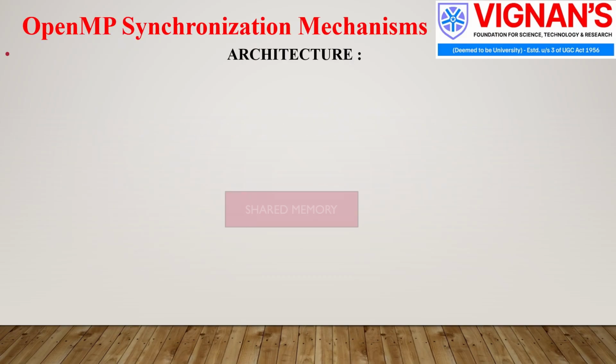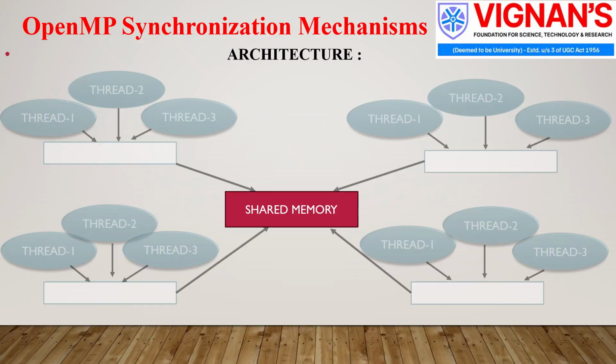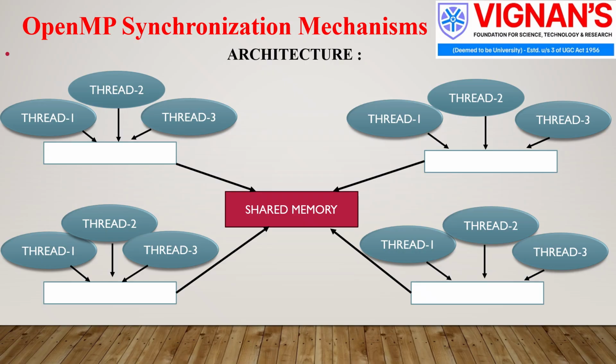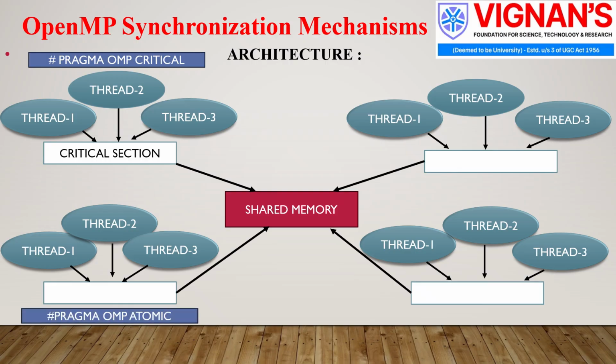In the center, shared memory is accessed by all threads, so synchronization is essential. On the left, #pragma omp critical ensures that only one thread at a time enters the critical section, protecting shared memory from race conditions. Below that, #pragma omp atomic is used for simple operations like x++, allowing safe and efficient updates to shared variables.